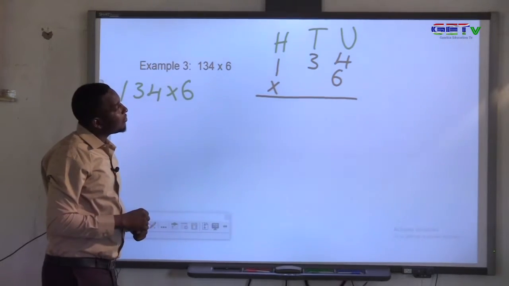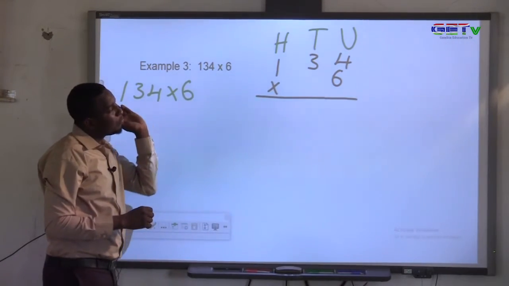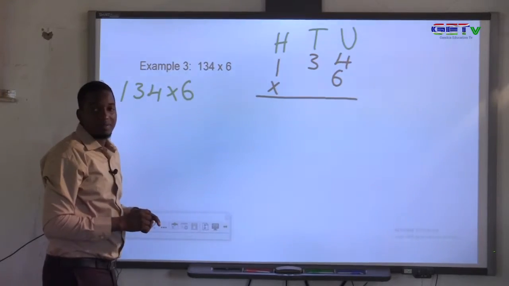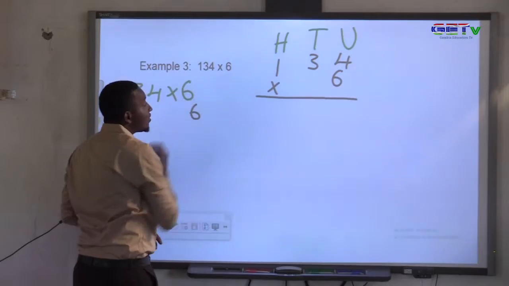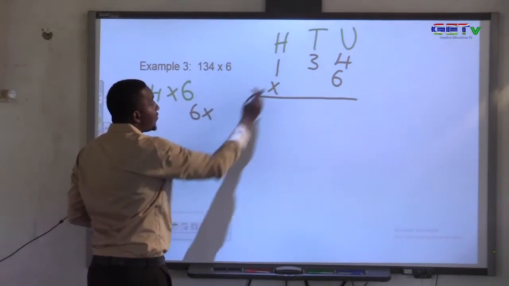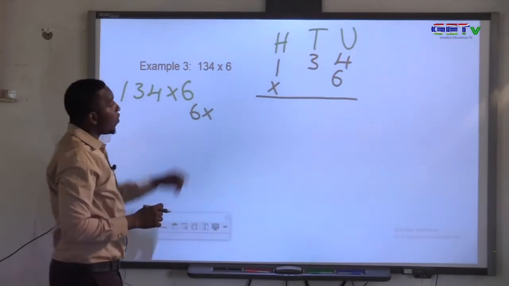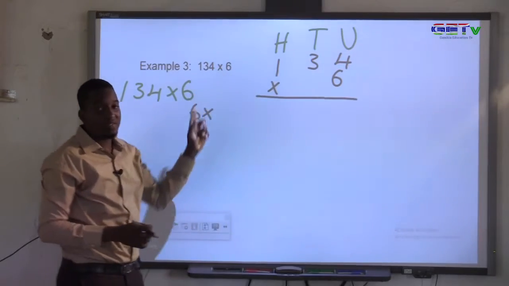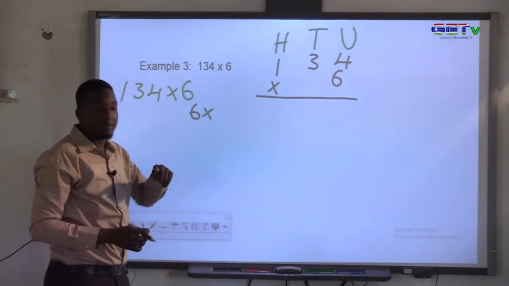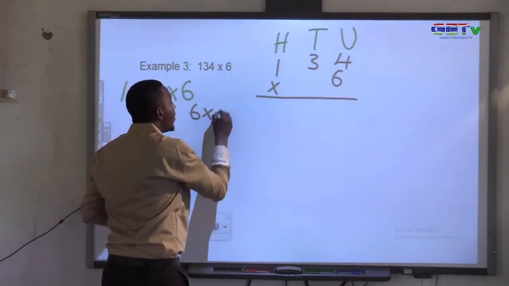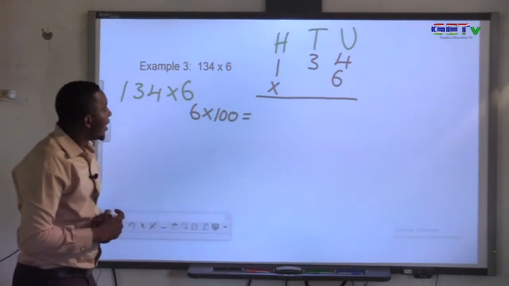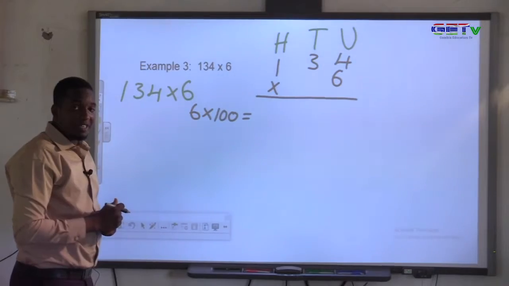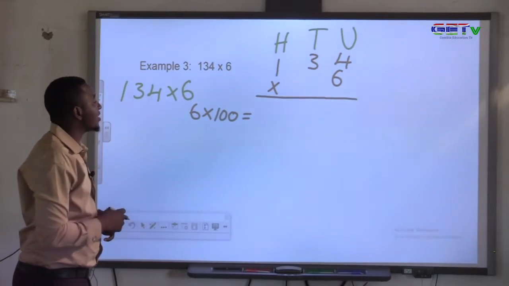Let's start from the 100 and move towards the unit. So we are going to multiply 6 by the value of 1. Well, 1 is under the 100 column, so its value there will be 100. So we multiply 6 by 100, and our answer is going to be 600.